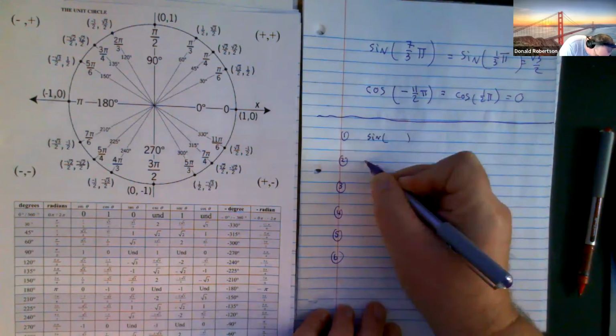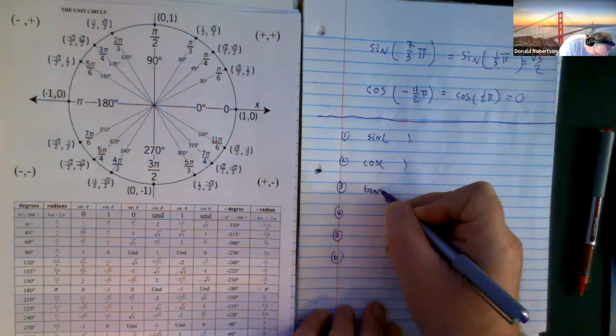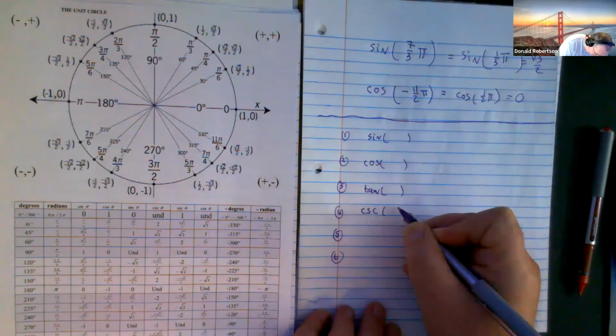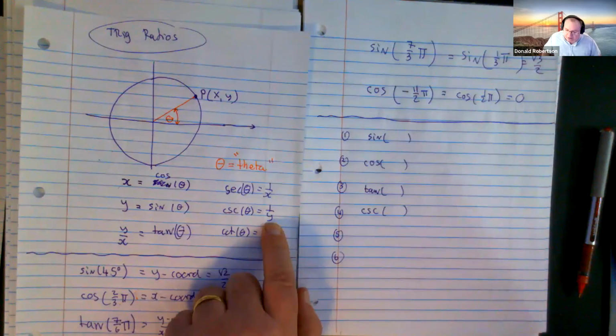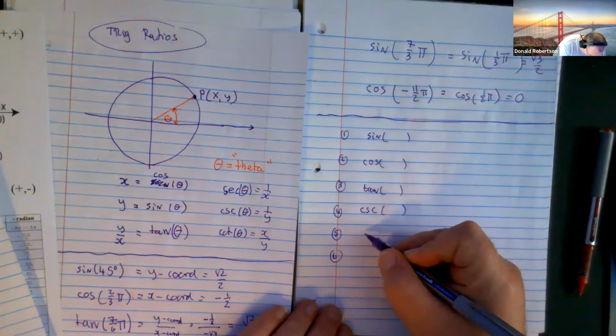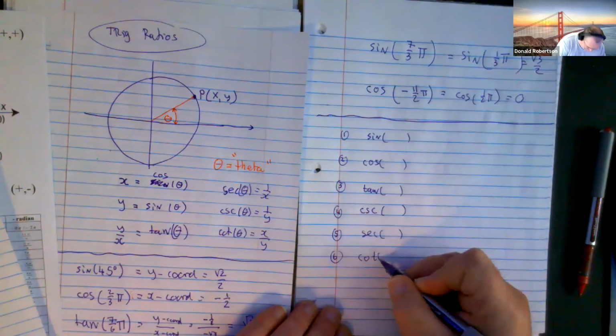I'm going to do a sine of somebody, cosine of somebody, a tan, a cosecant of someone. Oh, by the way, a cosecant is that guy. What else have I got? Secant, and lastly a cotangent. So that's all 6 of them.